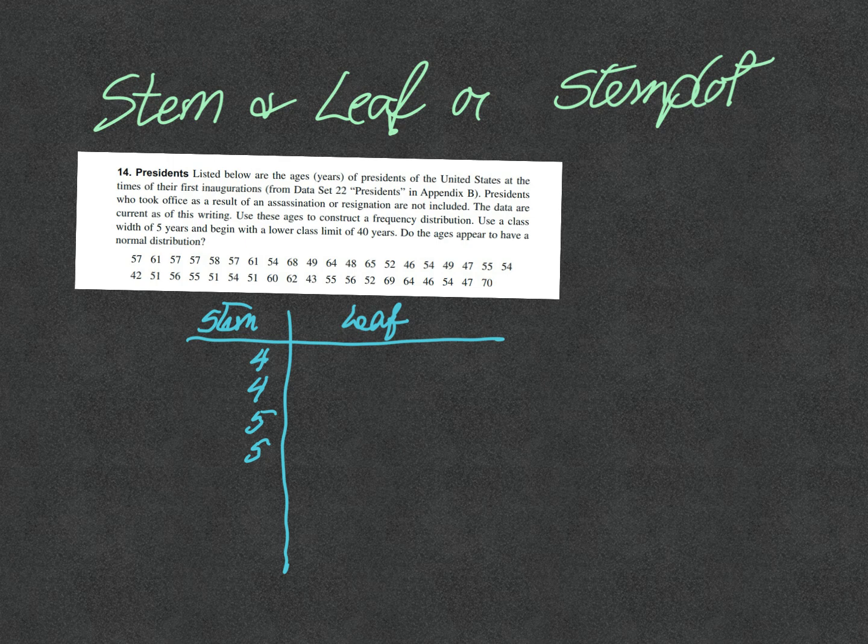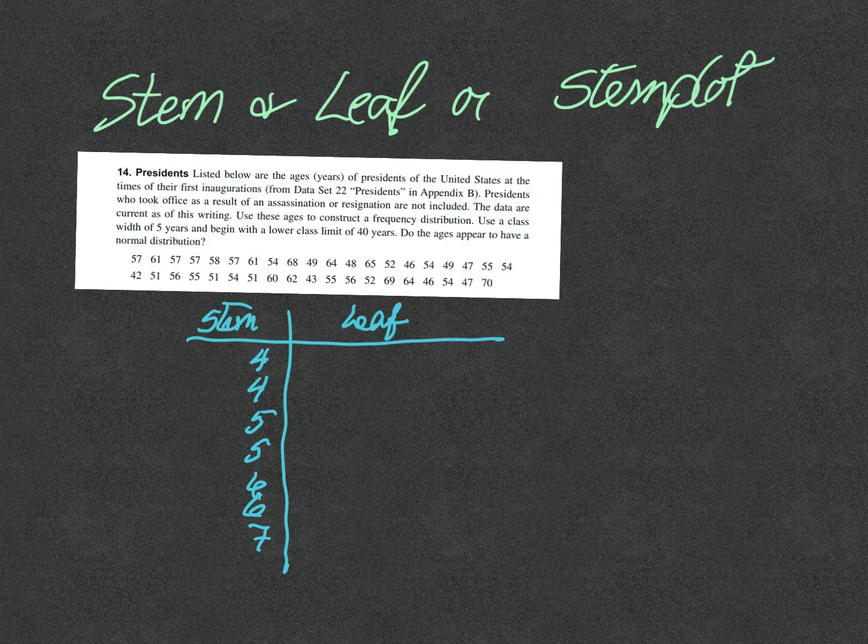So in other words, the stem is like the front half of a number on a histogram class, and then the leaves.